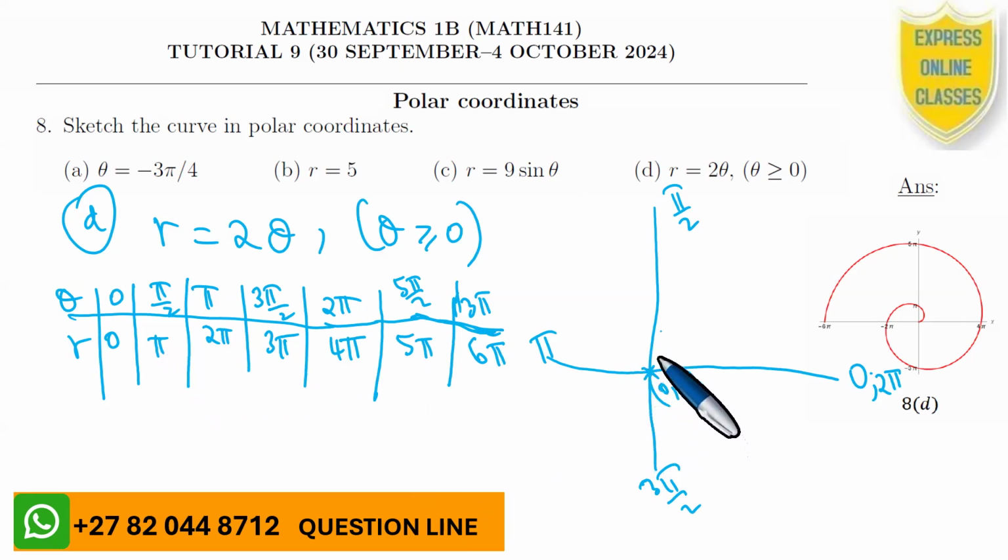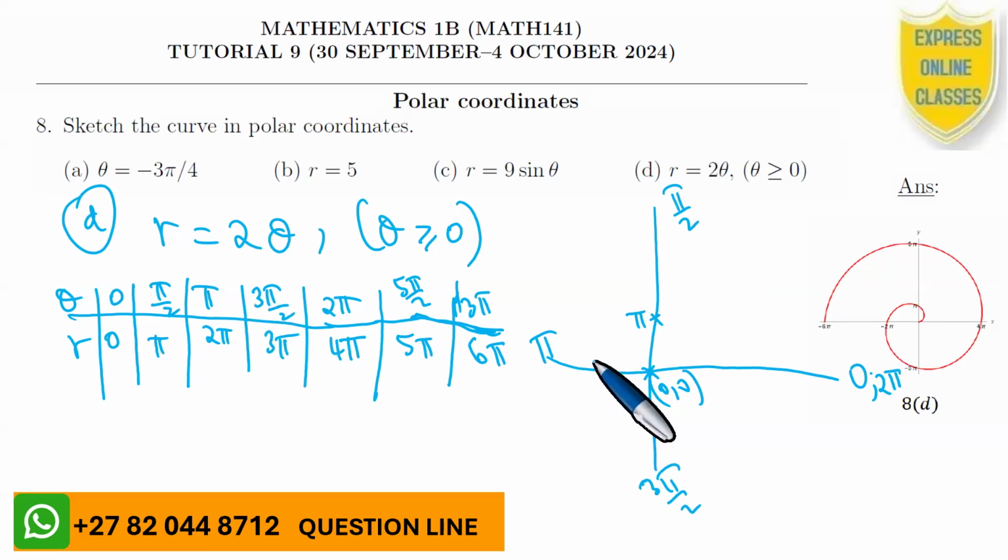So you have the origin, but at theta equals pi over 2, the radius is pi. At theta equals pi, the radius is 2 pi.